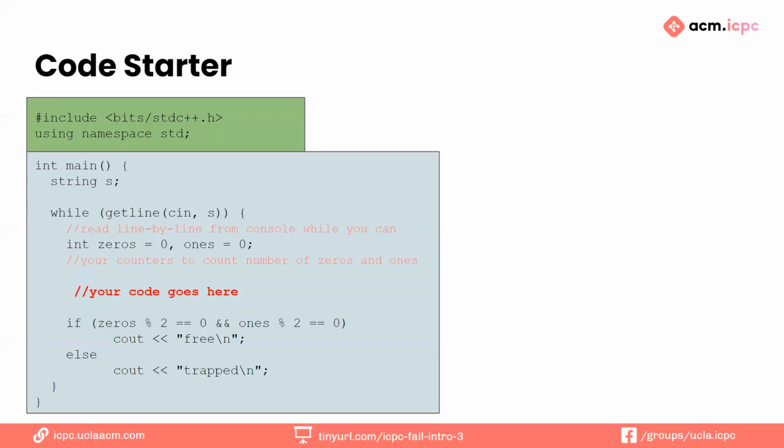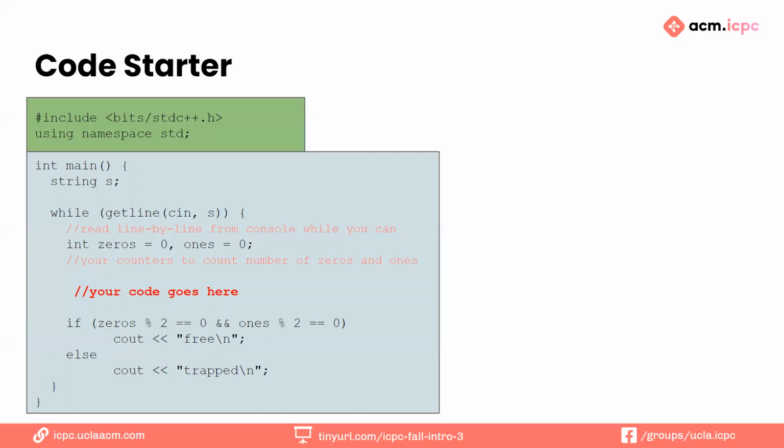Then we'll do some magic and count those numbers, which I'll talk about later. And afterwards, we want to check if we are free or trapped. So if both numbers at the end are even, then we are free, and we print that. If at least one of them is odd, which is the else branch, we print trapped.